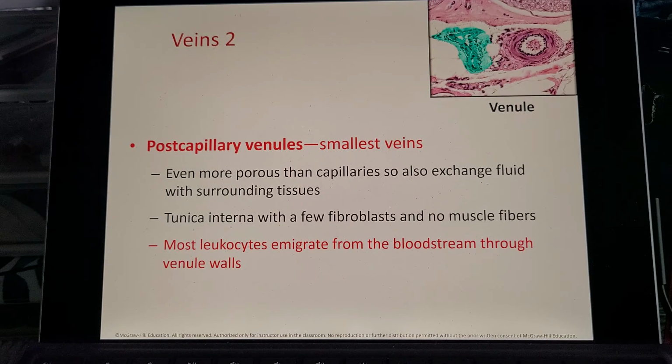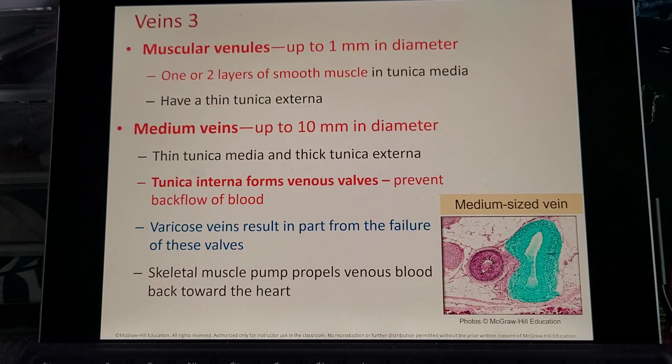We have different types of vein structures and names, just like we did with the arteries. Our white blood cells going from the bloodstream to our tissues will exit the bloodstream in the postcapillary venules. These are the smallest ones, right outside of our capillary beds. And then again, larger sizes, more structure.